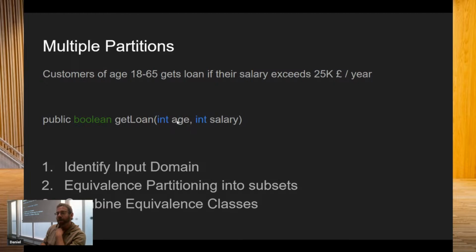And then 18 plus is the second one, 18 to 65. Older people than 65 are not going to get loans. So for age we also have the 66 plus partition. So we have 3 partitions for that: lower, middle, and then higher. And then for salary, we have less than 25,000 and then more than 25,000. We have 2 different ones. And then we make all the combinations of these.